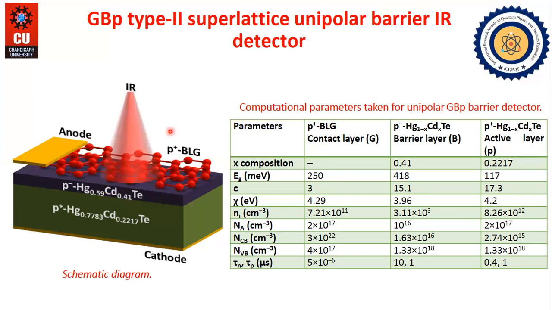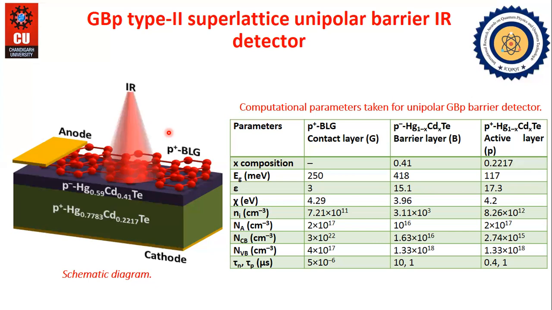So in this work, the heterostructure and band engineering capability of bilayer graphene are considered along with the type 2 superlattice mercury based material layers to realize a novel structure of the self-powered type 2 superlattice detector in the long wavelength infrared spectral region.